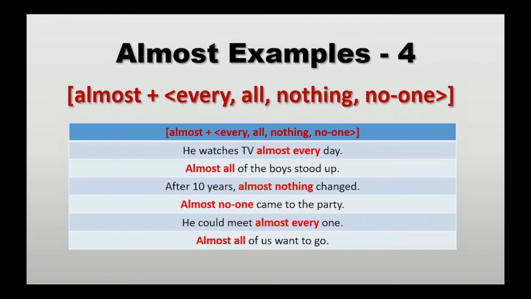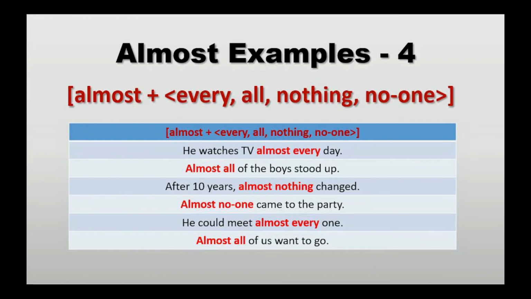Okay, let's look at the third one. This one has two pauses. After 10 years, almost nothing changed. Okay, a little bit quicker. After 10 years, almost nothing changed. All right, look at the next one. Please repeat this first slowly.